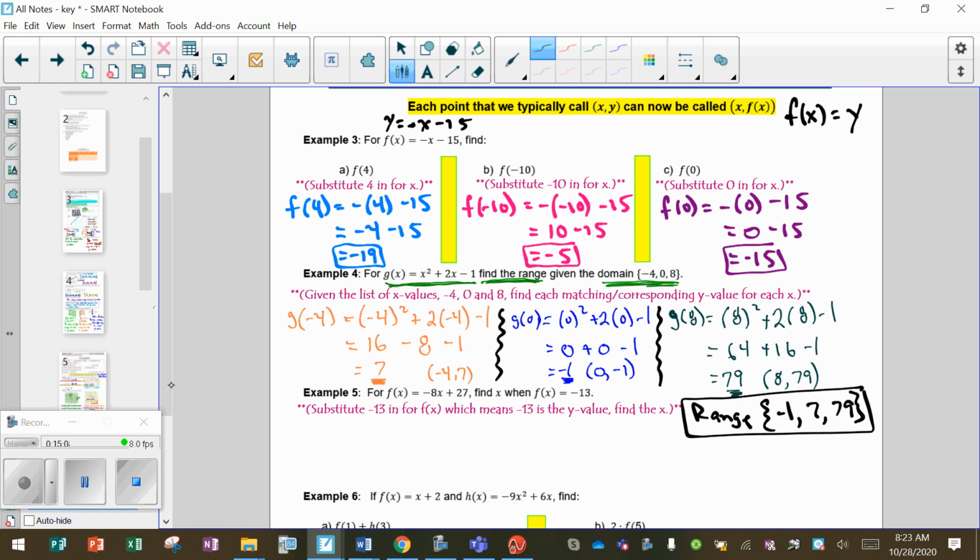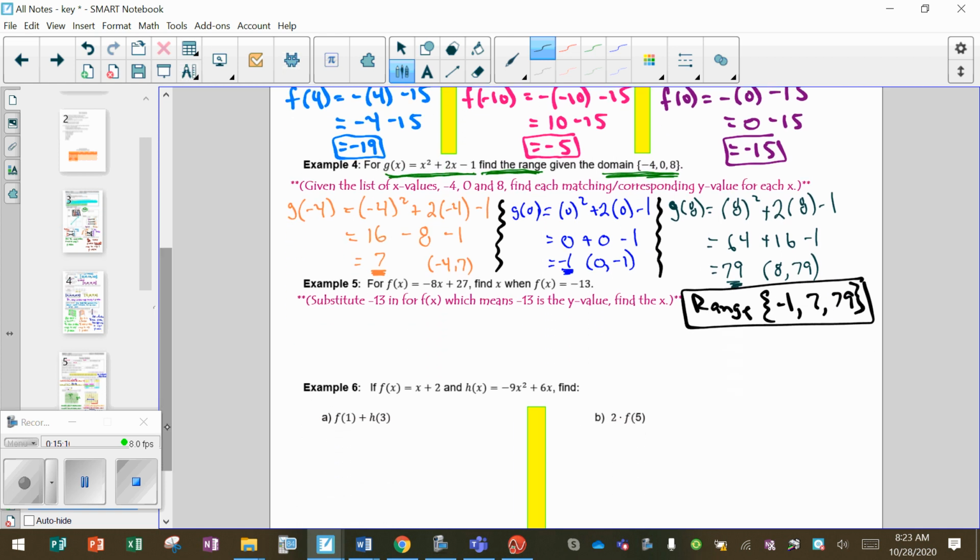All right, example number 5, and we're almost done. Example number 5. For f of x equals the equation negative 8x plus 27. This one says find x. So that means we're solving for x.